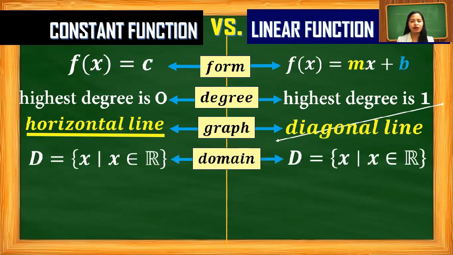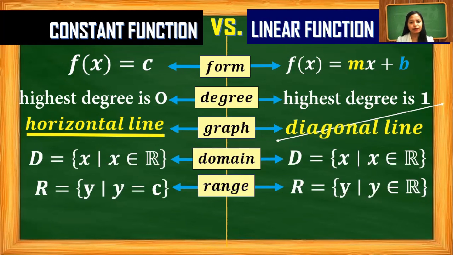And the domain of a constant and linear function is the same, the set of real numbers. While the range of a constant and linear function differ because the range of a constant function is equal to the constant, while the range of a linear function is an element of the real numbers.